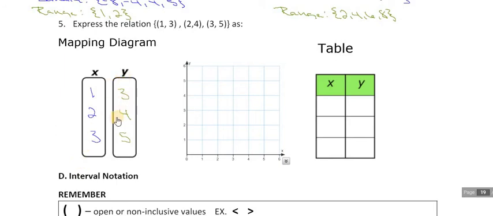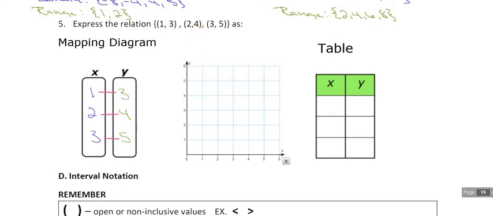And then you're going to draw lines to make up your ordered pairs. Now, it just so happens that each of these lines are just going straight across because we have the ordered pair 1, 3, 2 goes with 4, and 3 goes with 5. It doesn't always happen, but in this particular case, it did.